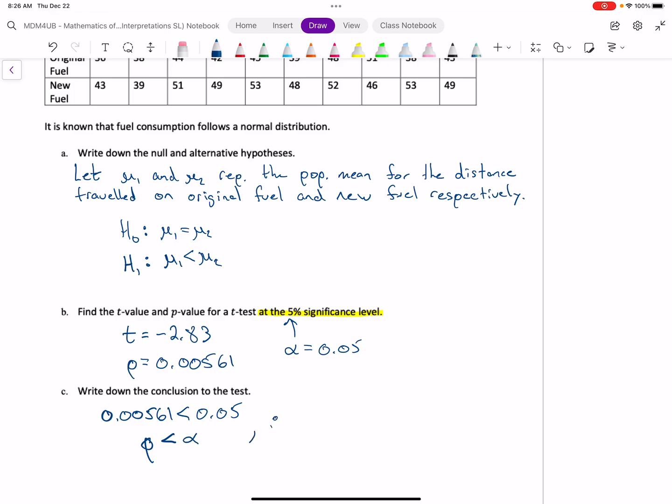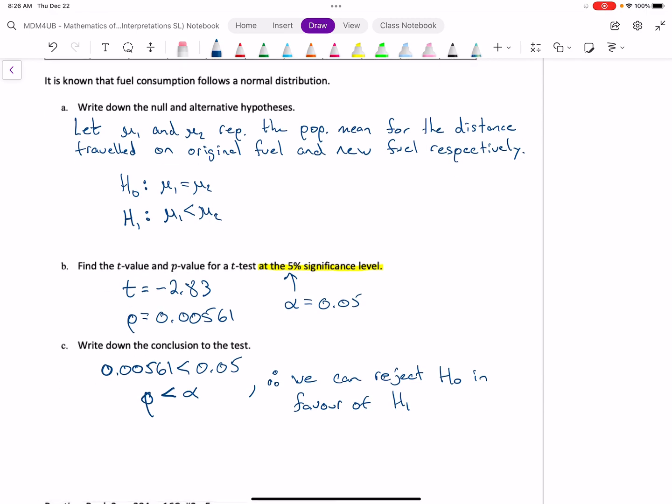And therefore, like the previous one we saw, that means that we can reject the null hypothesis. So therefore, we can reject H0 in favor of H1.